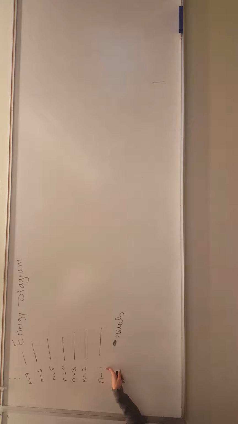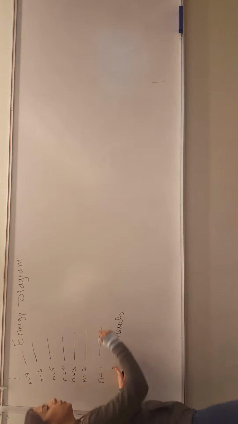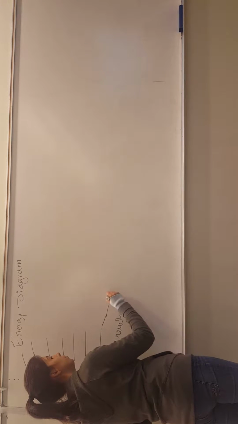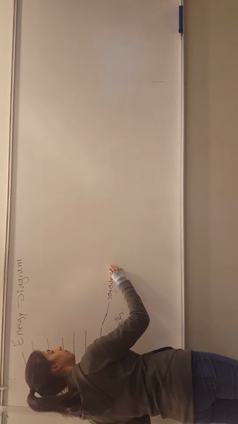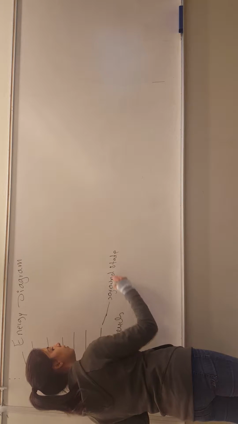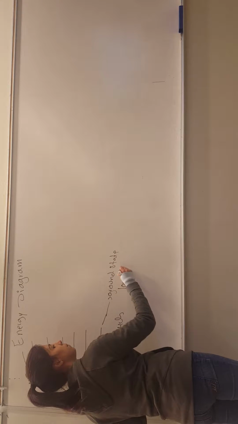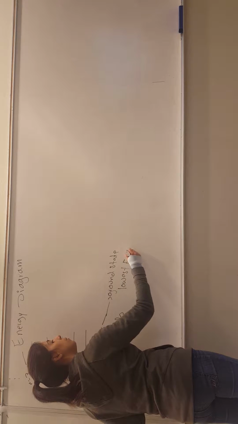So energy level 1 is the closest energy level to the nucleus. Energy level 1 is your ground state. Ground state is the lowest energy state possible.